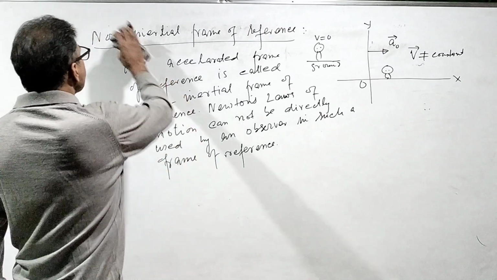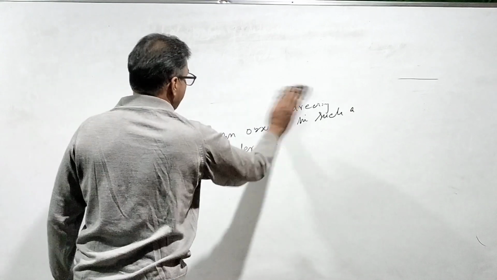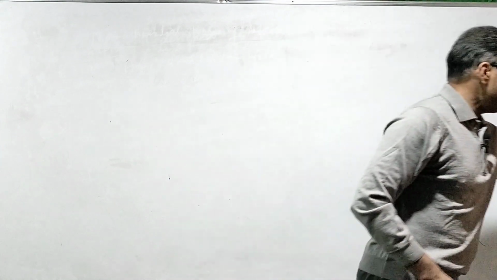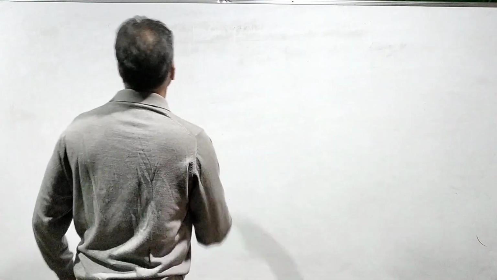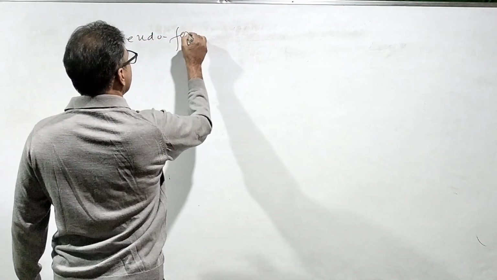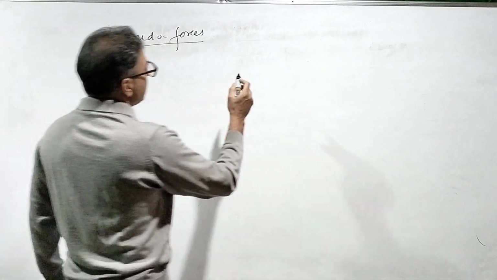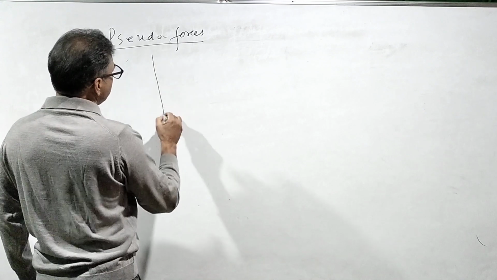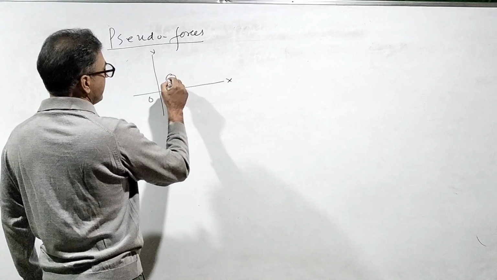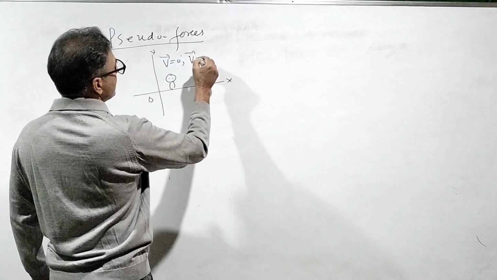Anyway, now let me observe an object outside from two frames of reference, inertial and non-inertial, and that will also get us to pseudo forces. This coordinate system is at rest or it moves with a constant velocity.